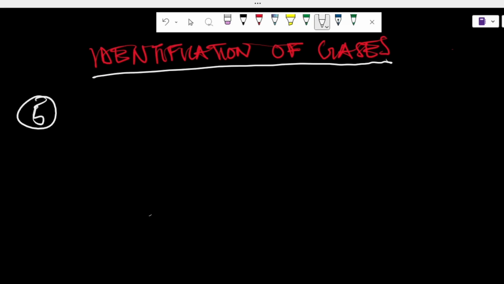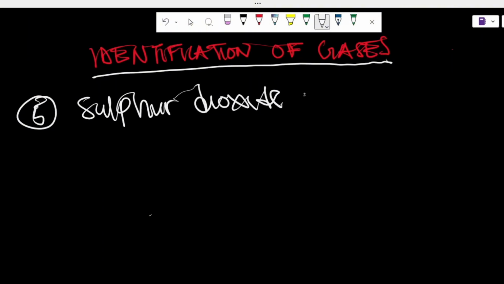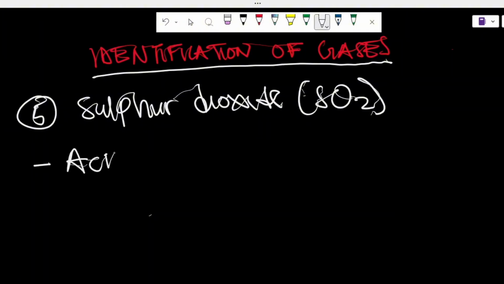Now the other gas that we can talk about is actually sulfur dioxide. Now for sulfur dioxide, for the most part we use acidified potassium dichromate.